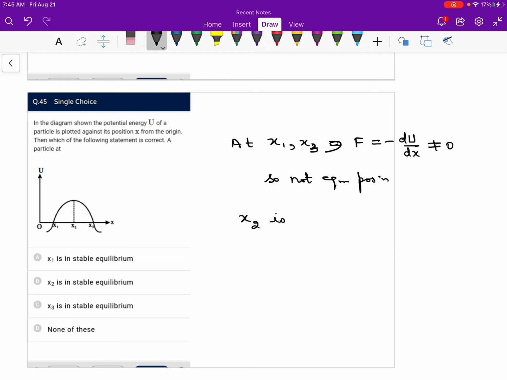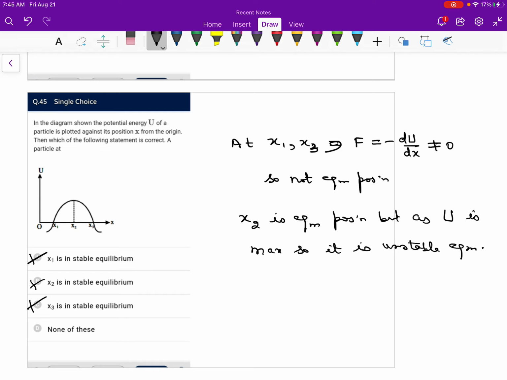And x2 is an equilibrium position, but as U is maximum, it is unstable equilibrium. So x2 is stable, no. x1 is stable, no. x3 is stable, no. So none of these. So D is the correct option.